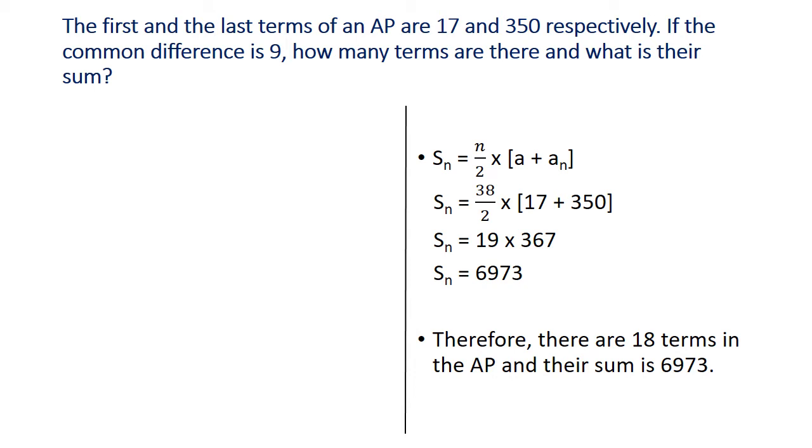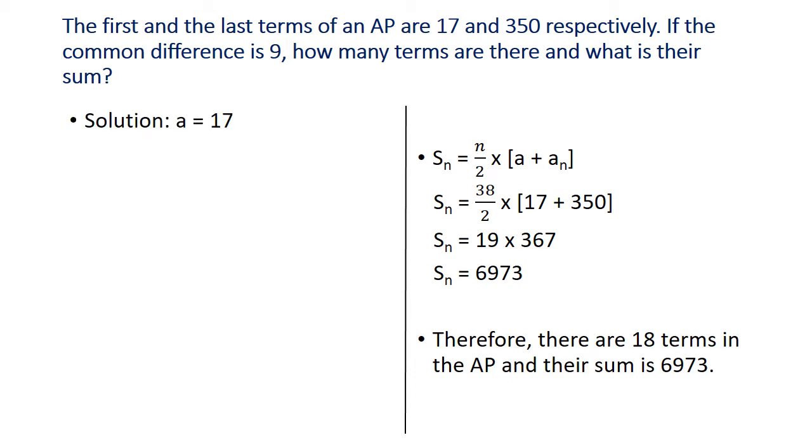The first and last term of an AP are 17 and 350. First term is 17, last term is 350. If the common difference is 9, D is equal to 9, how many terms are there? We have to find n. And what is their sum? We also have to find Sn.